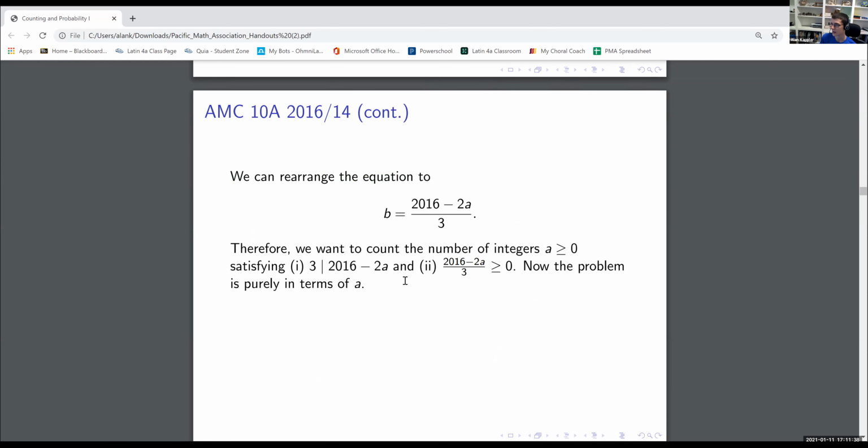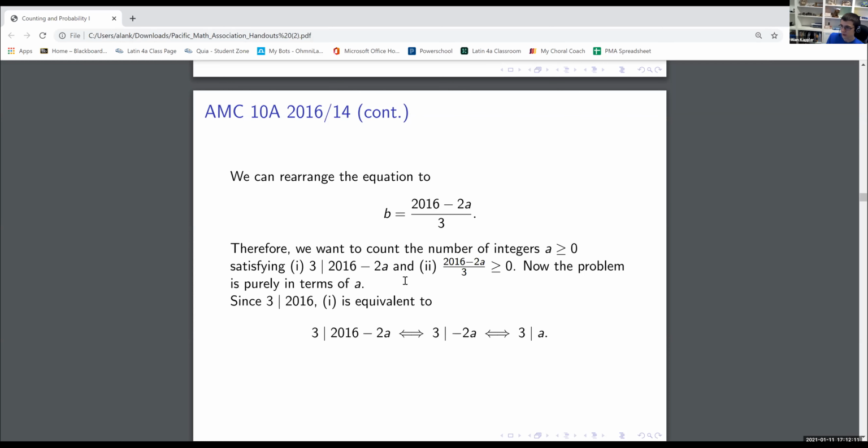The nice thing we can get from this is that we know that 3 is a factor of 2016 minus 2a, and we also have that a is greater than or equal to 0, and (2016 minus 2a) over 3 is greater than or equal to 0. So given these constraints on a, we're trying to find the number of integers that work.